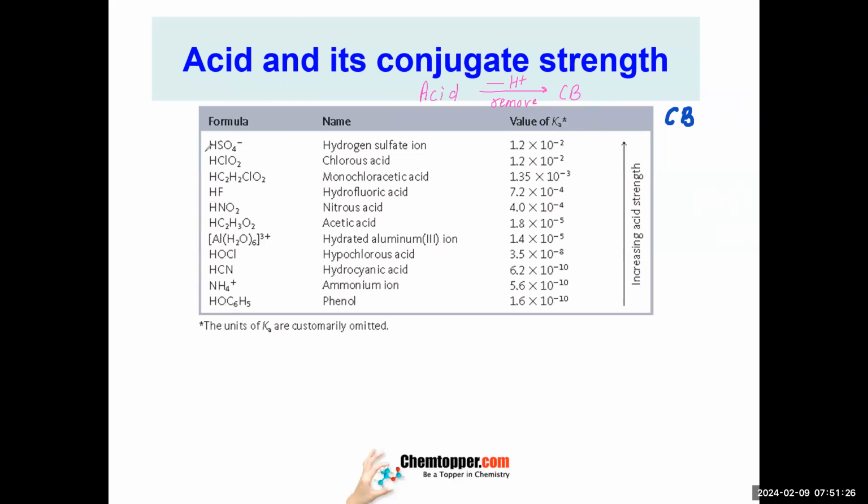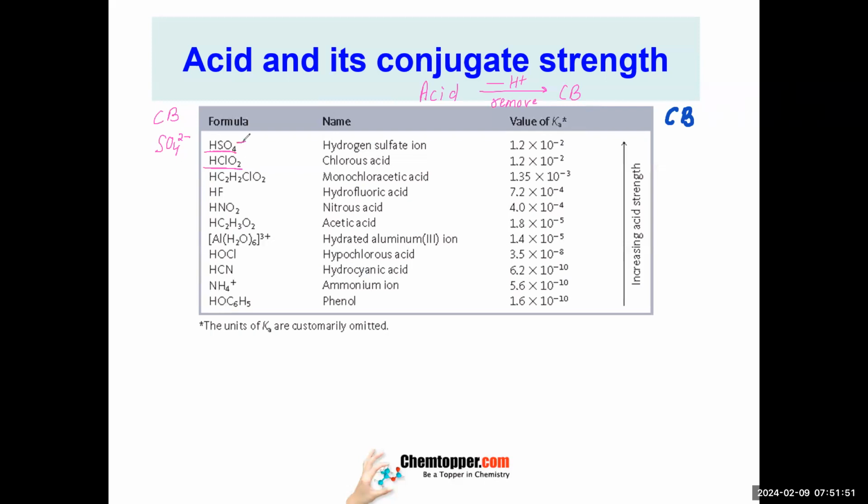So what is the conjugate base of this? Let's write here conjugate bases. What is the conjugate base of this? Azuni, you are not taking care of the charges. And Aslesha is right. SO4 2 minus. Remove hydrogen with a plus charge. If it is neutral, you are left with one negative.